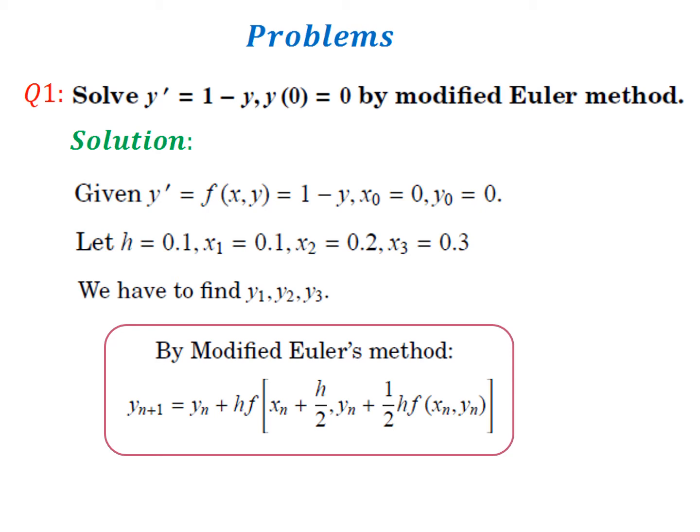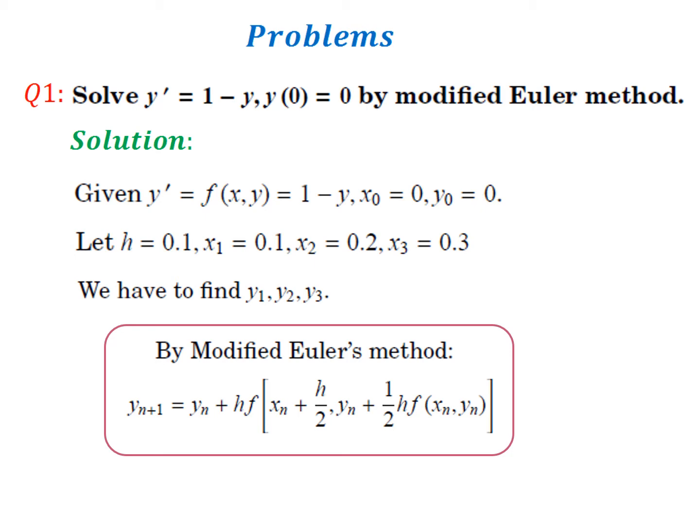So for that purpose, here I am taking h = 0.1, x0 = 0, y0 = 0, and y' = f(x, y) = 1 - y. So I am assuming h as well as the x1, x2, x3 values myself.